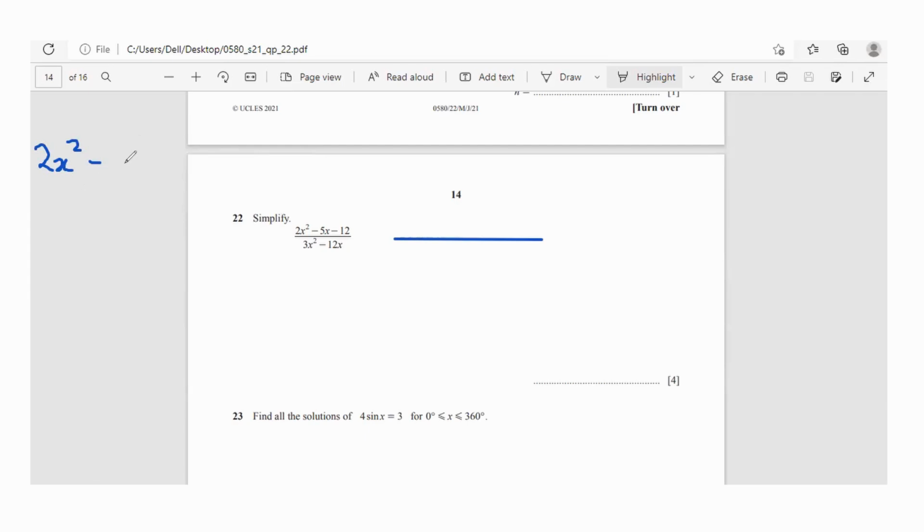So 2x squared minus 5x minus 12. What we do first is we multiply. Very good. Abdurrahman, you gave me the denominator. So let's write x minus 4, 2x plus 3 as the numerator, and we have 3x, x minus 4 as the denominator.